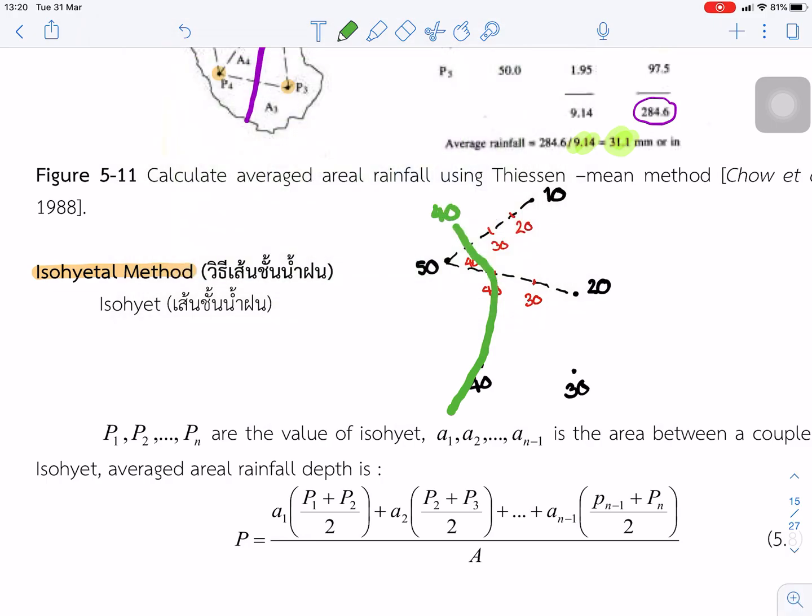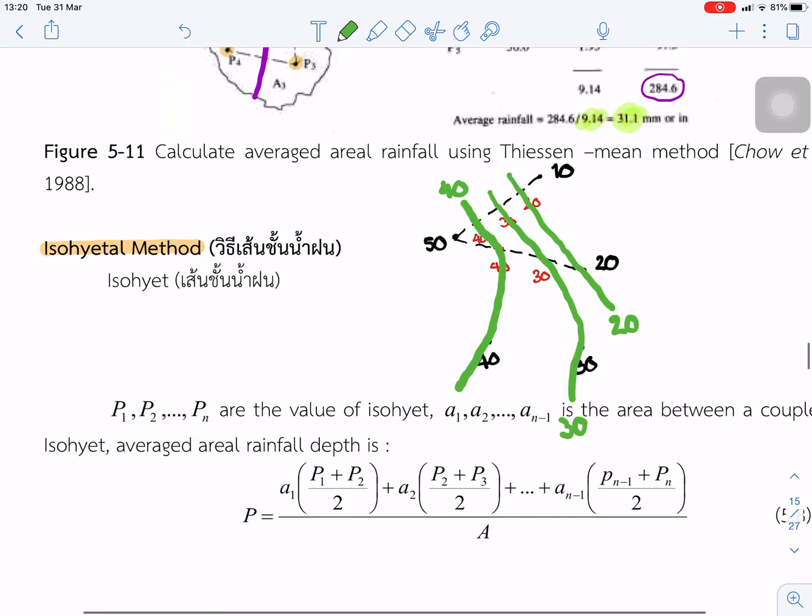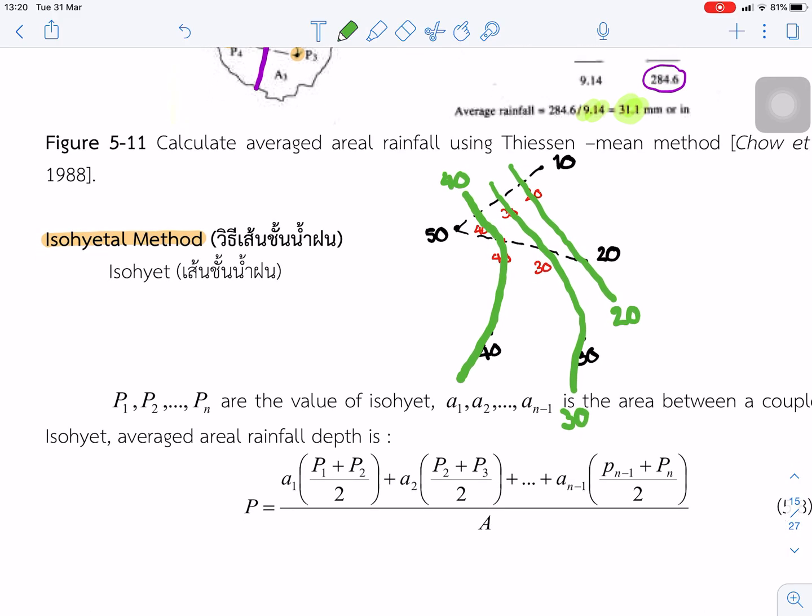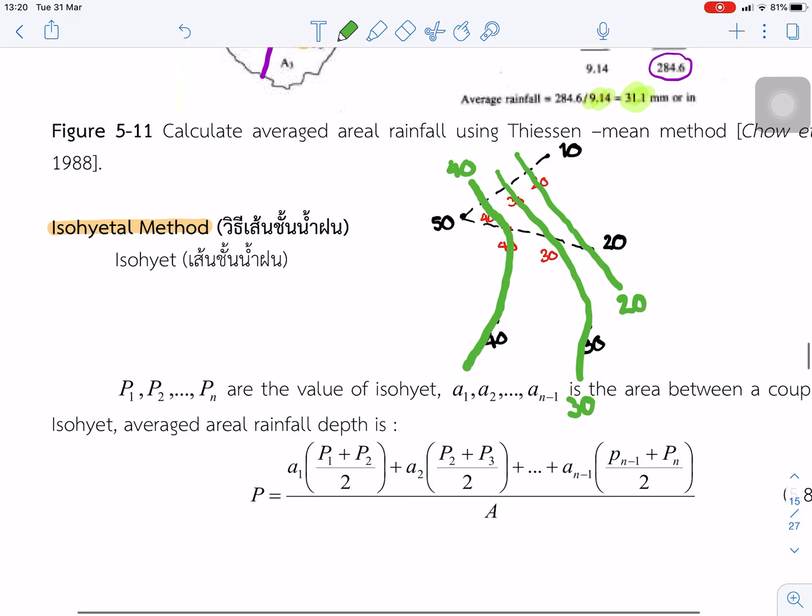Next we can draw the 30 and 20. Okay, so the green line shows the iso-height, the contour line of the depth of the rainfall.